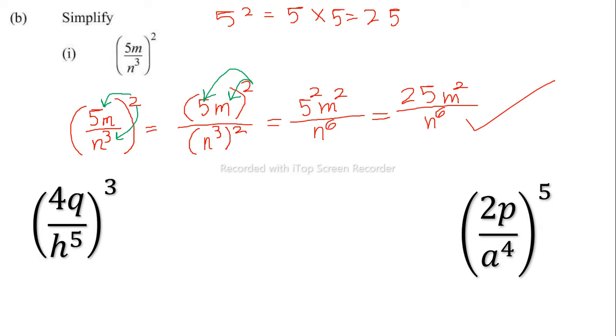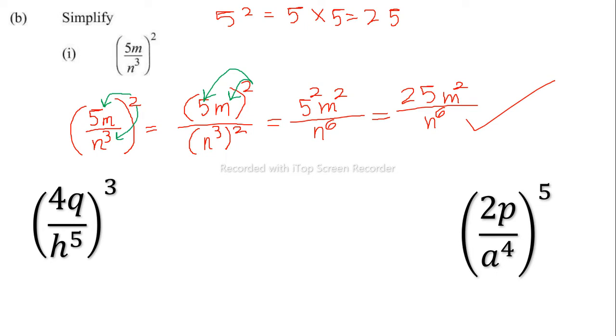I have an answer. You have an answer? What's your answer? I have 8q cubed over h to the 7. Okay.